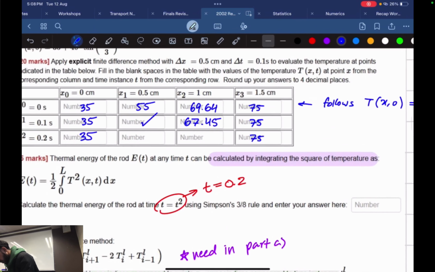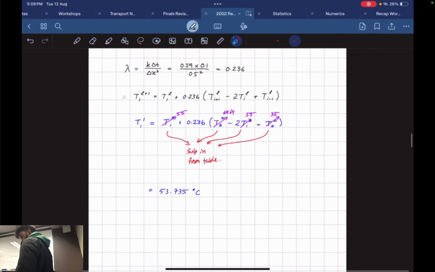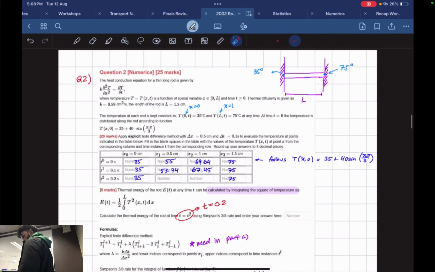I'm already doing it. That's the small point. Where'd you get the 5374? I figured it out. Oh, there's another one there.